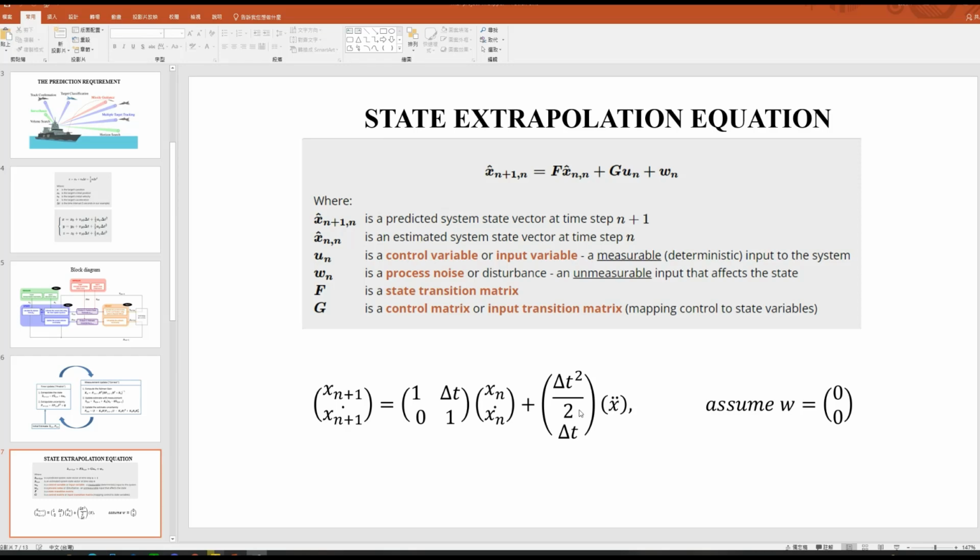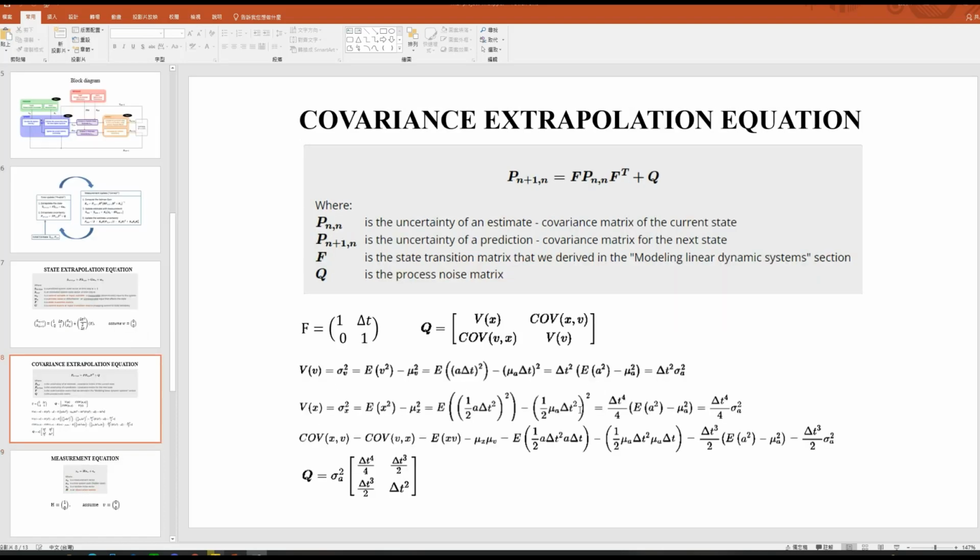Thus, the acceleration term can be put in the state vector. This is the covariance extrapolation equation. And according to the definition of Q, the process noise matrix, we can deduce that Q is the Q of the applicable acceleration.